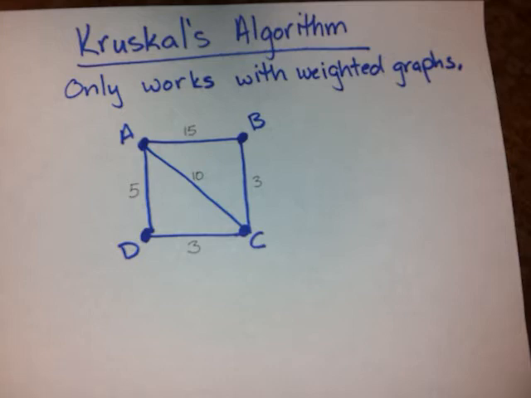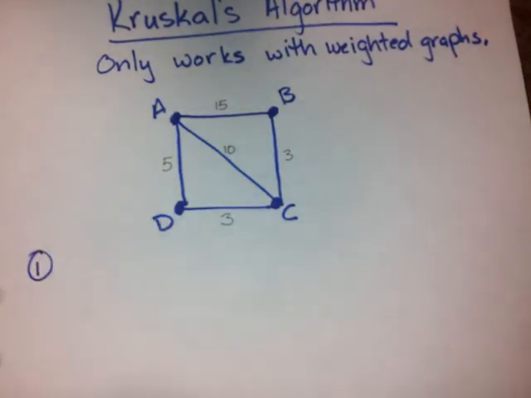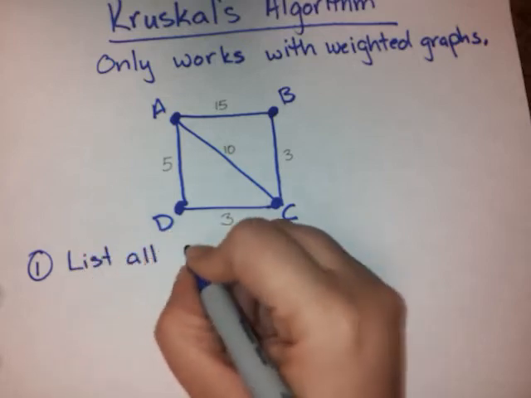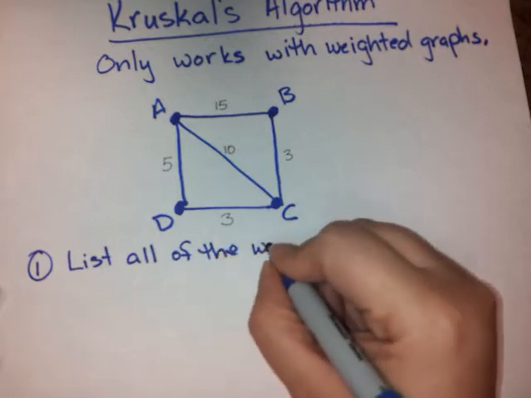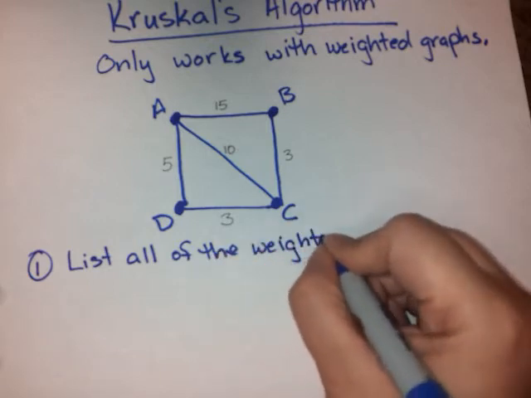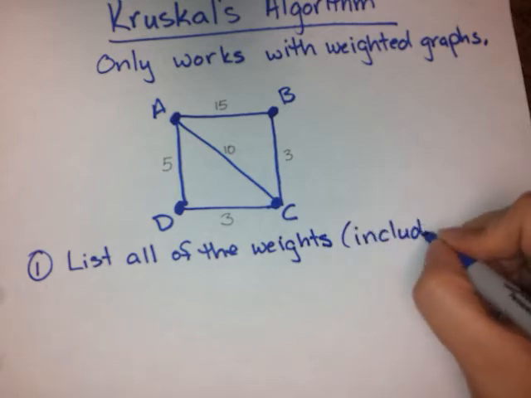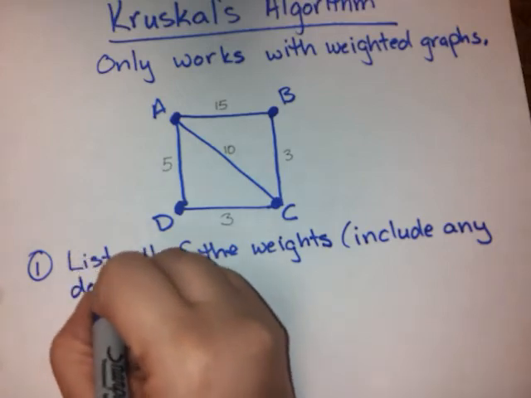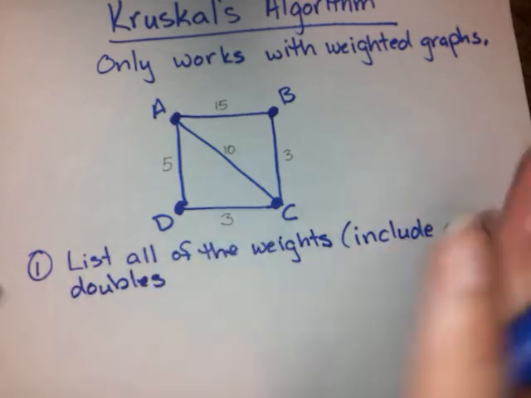So here's the two-step process for Kruskal's algorithm. Step 1, list all of the weights, include any doubles or triples or quadruples or whatever for that matter.